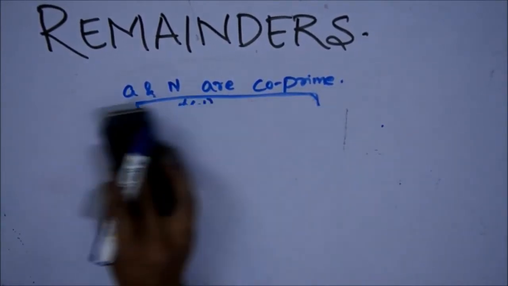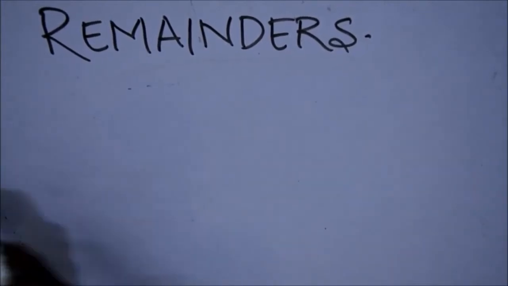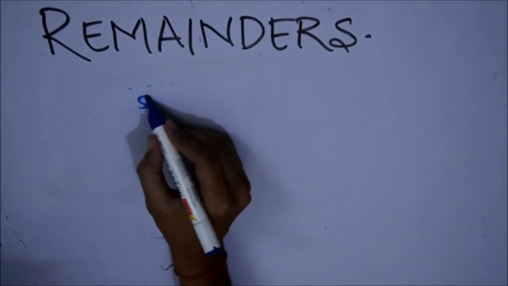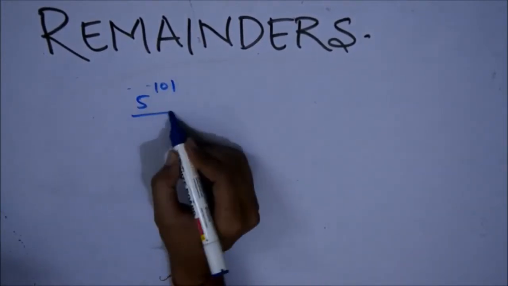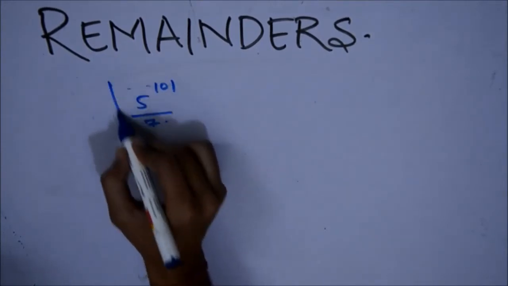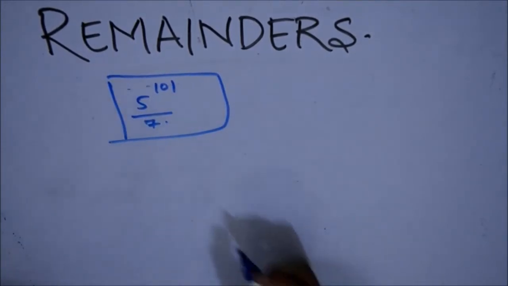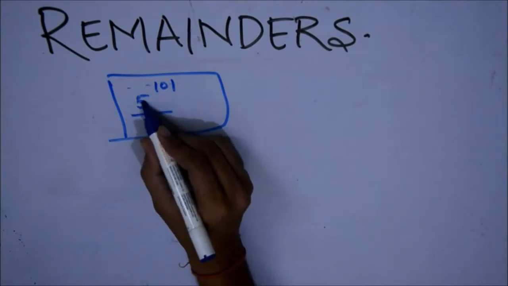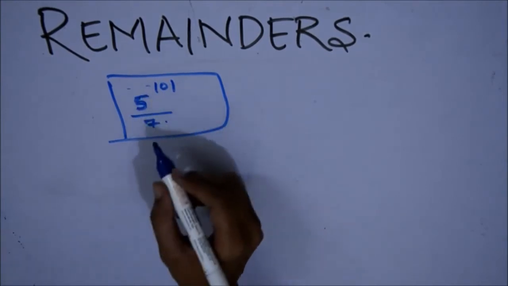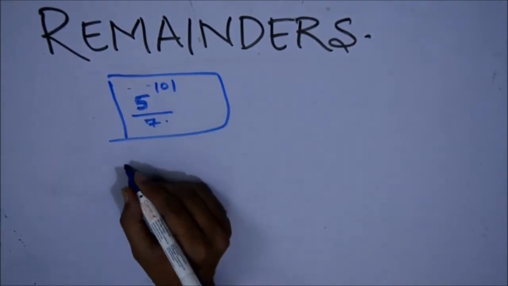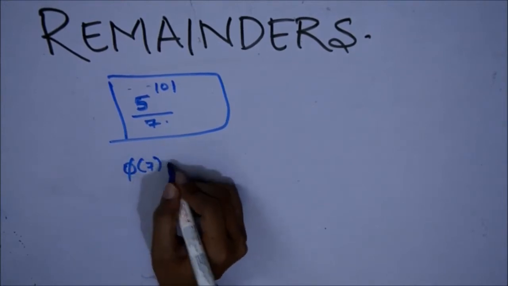Now for a question like, what is the remainder when 5 to the power 101 is divided by 7? How do we calculate which power of 5 will give you a remainder of 1 when divided by 7? It is simple. Phi of 7 is equal to 6.